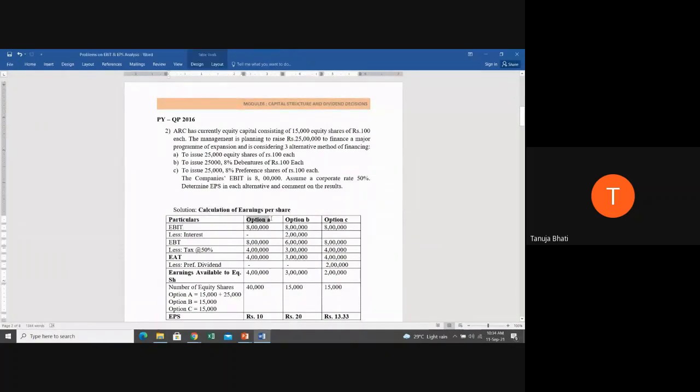Now under option A, before we start, I just want to know from you all, under option A, will interest to debenture holders and preference dividend come into picture?